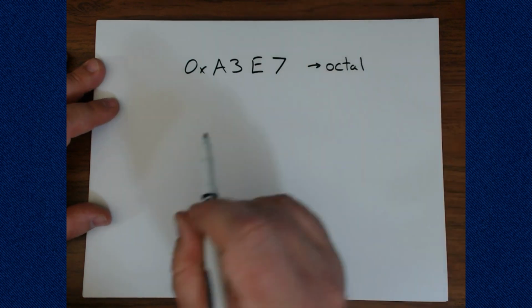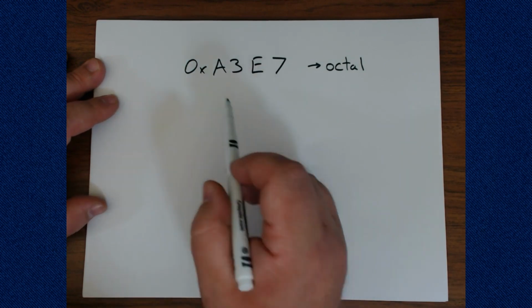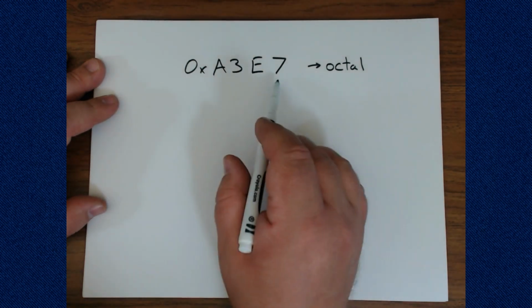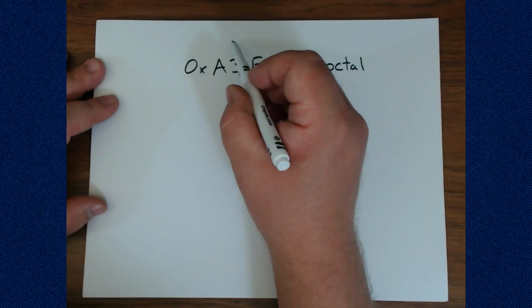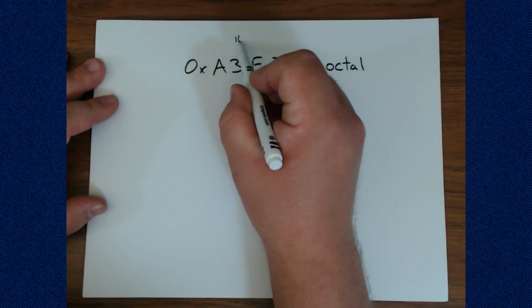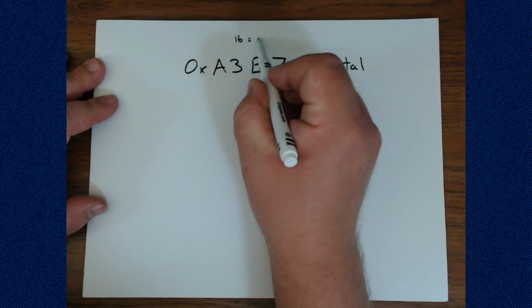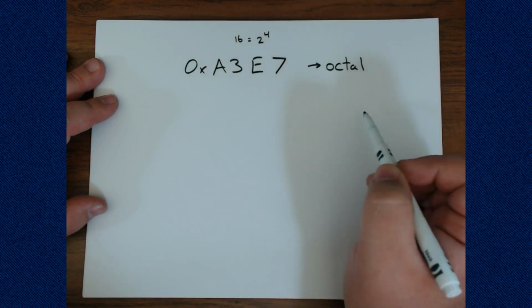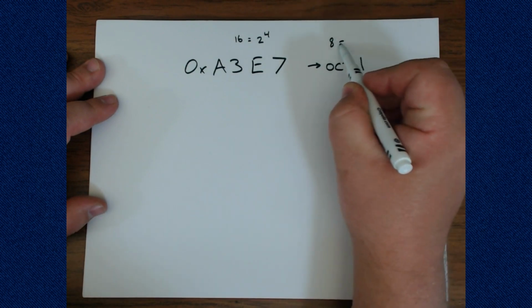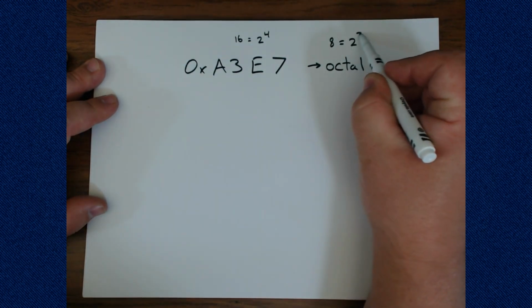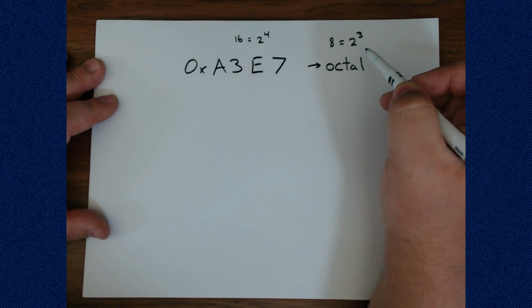Now, the nice thing here is that hexadecimal in general is base 16. And base 16 is the same thing as 2 to the 4th. Octal is base 8. And 8 is equivalent to 2 to the 3rd power.